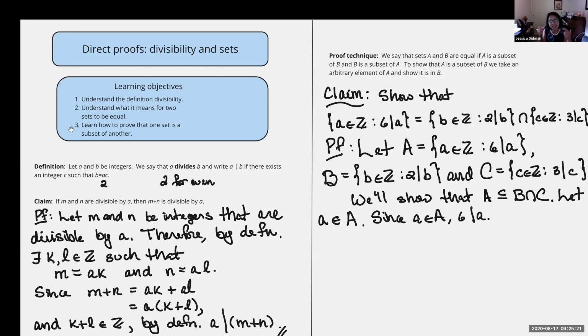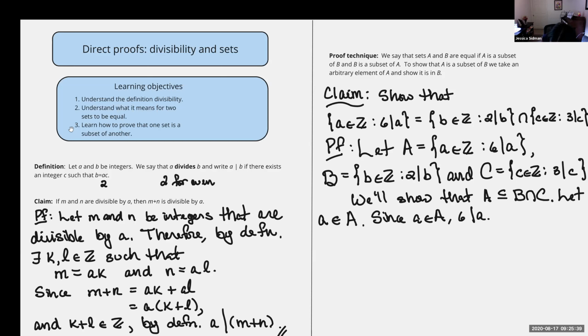Now I have to use two different pieces of information that are going to appear in the logic of this proof. The first is the piece of information that defines the set capital A. And the other thing I know is the definition of divisibility.